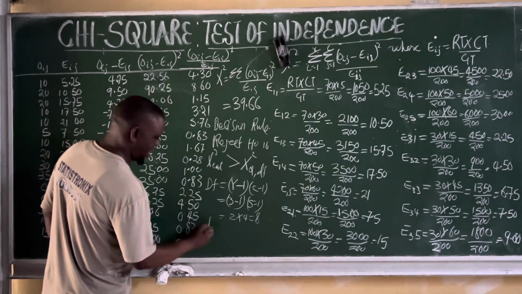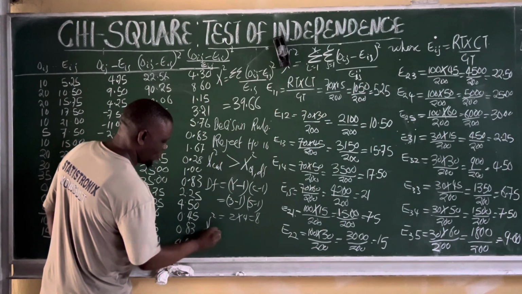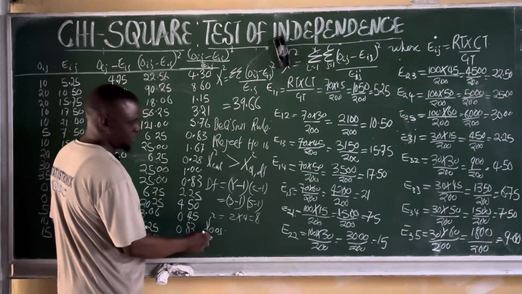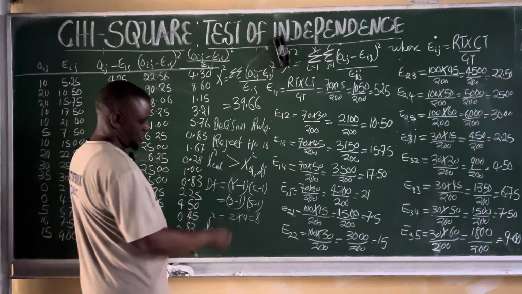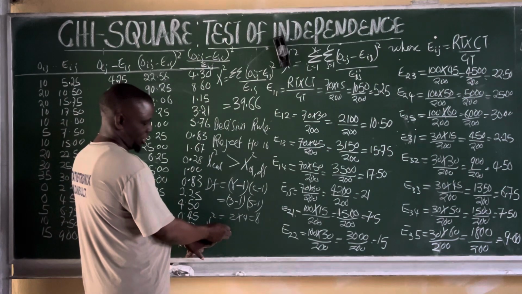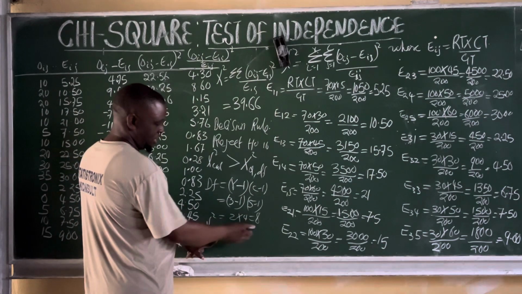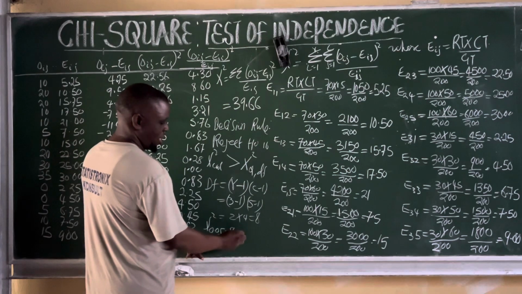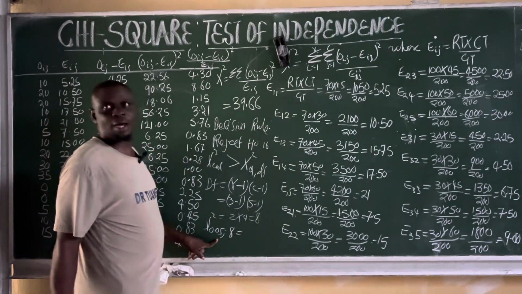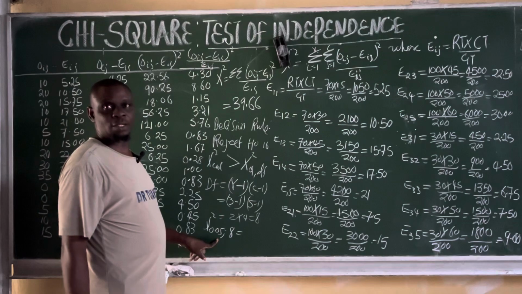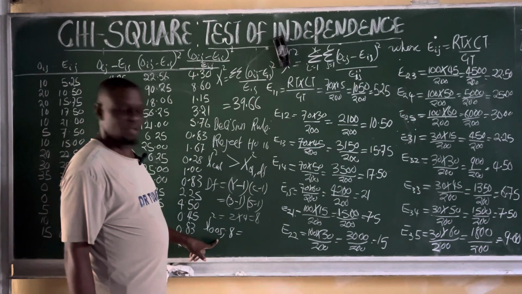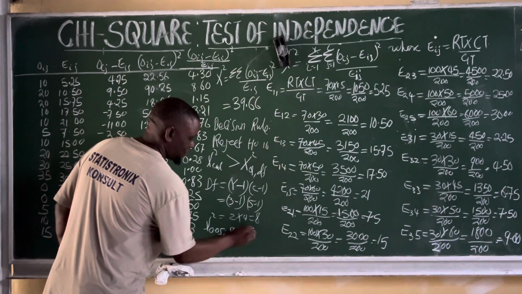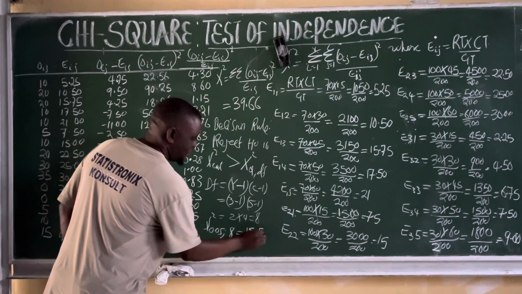So if we look at our chi-square 0.05, the level of significance, which is this alpha, is 0.05. We are told that from the initial time. And then under the degree of freedom of 8, if we look at our table, that's going to give us 15.51.